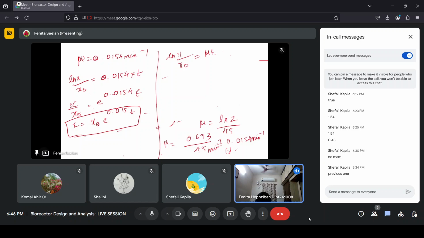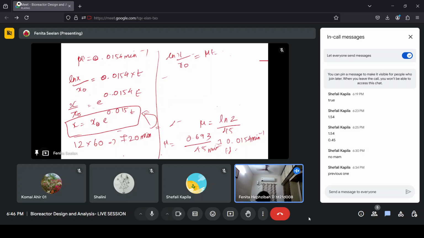So you know that 12 hours they are telling that it is getting maintained. So let's convert it into minutes. It's equal to 60 into 12, which is 720 minutes. So apply this here.